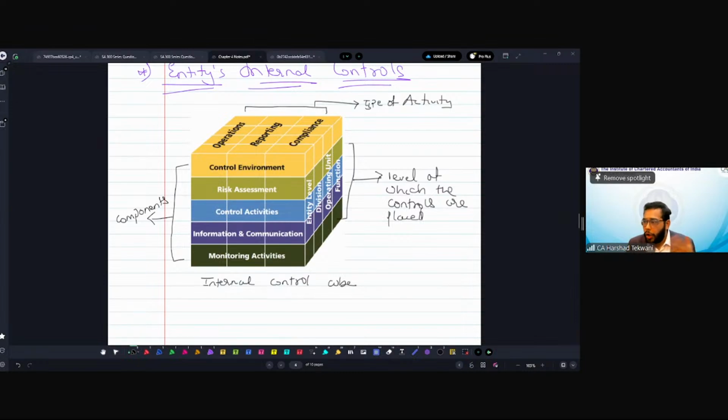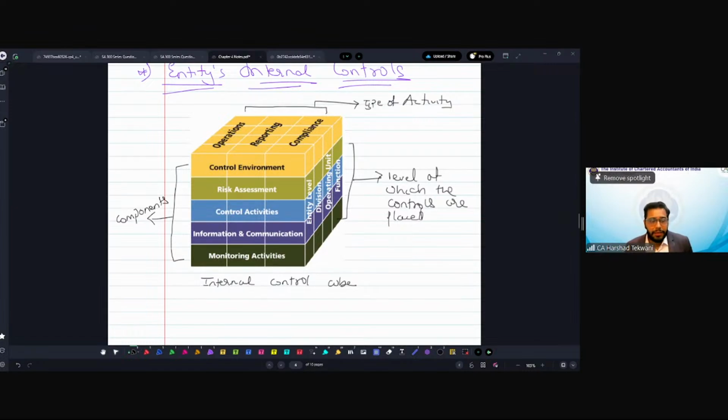That may involve code of conduct, ethical trainings, establishing whistleblower policy, HR policies. What is the tone at the top? How they are looking at the controls defines your control environment. Okay, so that is the first element, control environment.